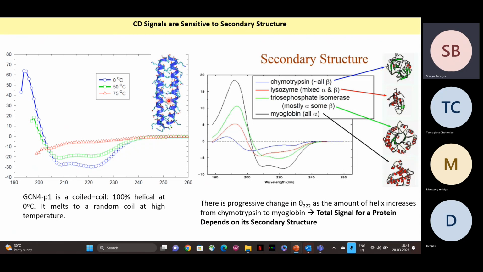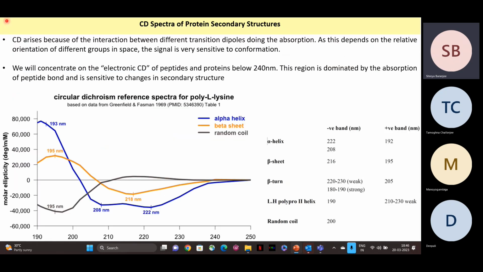Here a protein is taken, which is called GCN4. It is a coiled coil. So there are two different alpha helices, and there are interhelical interactions holding the two helices together. At 0°C, this helical conformation is there, and so we are observing the helical signature, which we saw in the previous slide.